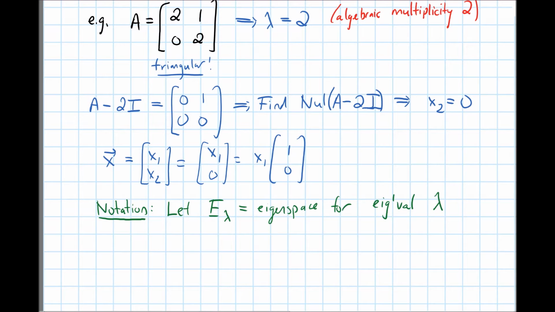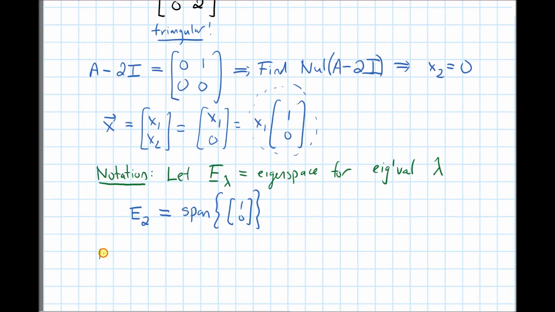So in this problem, E sub 2, the eigenspace for the eigenvalue 2, is all the vectors that look like this. A more concise way to write that is the span of the vector 1, 0. In other words, all the multiples of the vector 1, 0. That's what the eigenspace is.